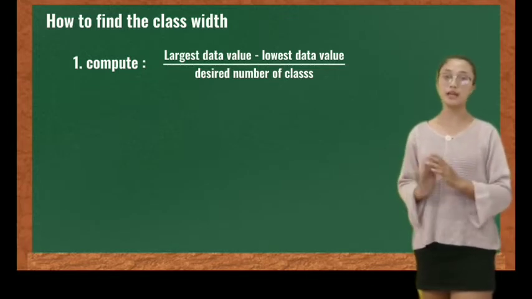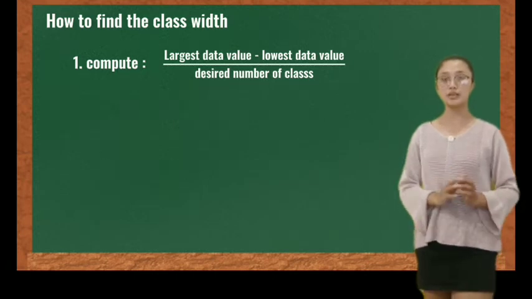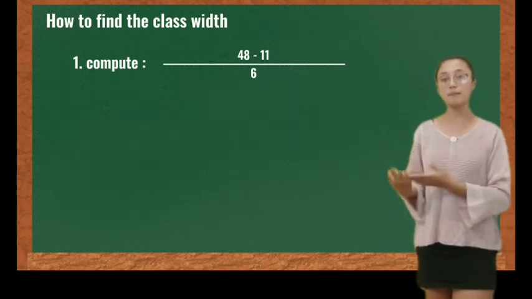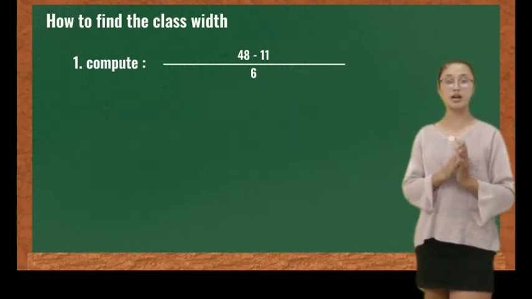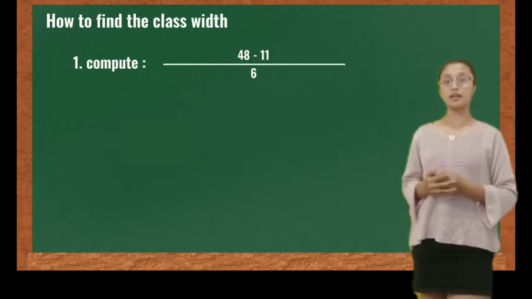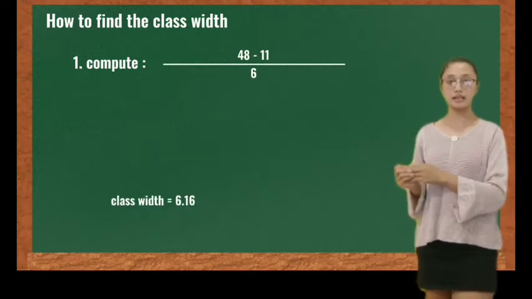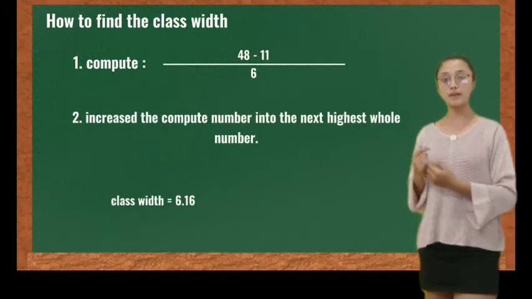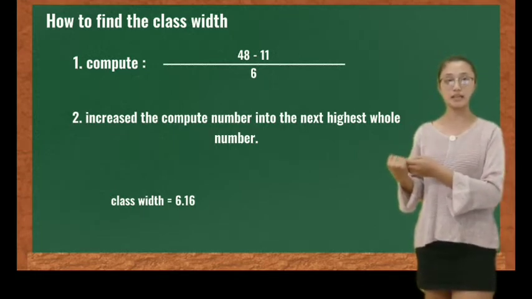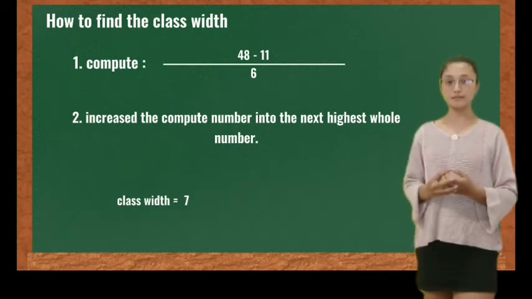We can also have 7, 8, 9, 10, 11, 12 up to 15, but now we will use 6. So let's compute. 48, our upper limit value, minus 11, our lower class limit value, is 37. Divided by 6 is equal to 6.16. Then increase the computed value to the next whole number, which makes 7. So our class width is 7.